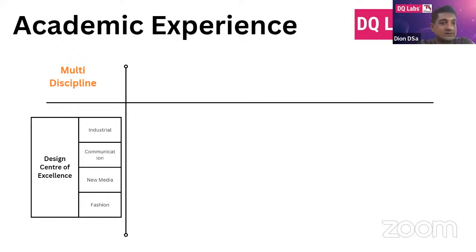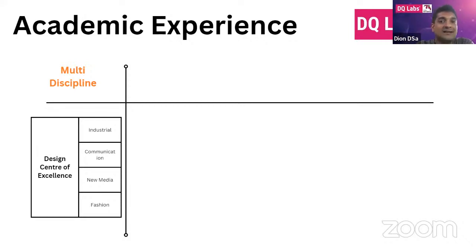So the university may have multiple schools, but the school of design has its own priority. It has its own independence and its own autonomy. And the director or the dean has the absolute liberty to run the school the way it's meant to be run, to be like a number one school in India.